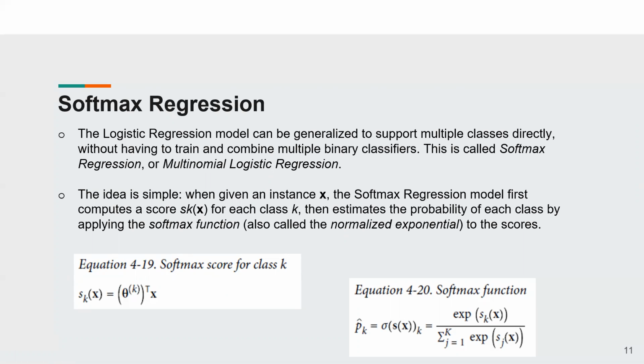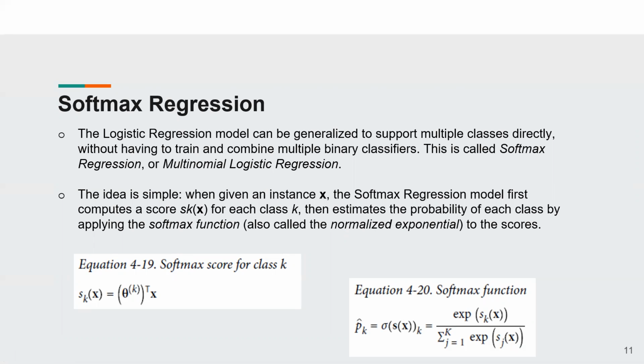In that iris flower example, it will have 3 different classes, and then let's calculate s1(x), s2(x), s3(x) for each instance of x. And then you estimate the probability of each class by applying the softmax function, which is also called the normalized exponential function, to the scores.